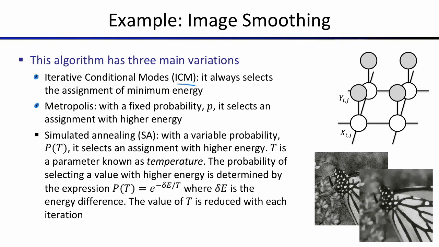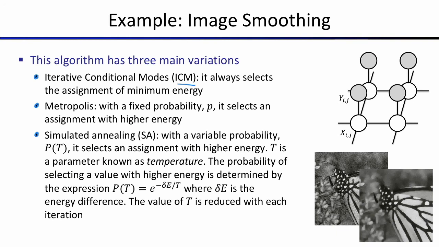And there is another one that is extremely popular that's called simulated annealing, or SA. The idea here is that in the beginning, I will be more prone to accept to go up in the energy landscape, but as we converge and the algorithm iterates, I will accept going to a higher energy point with a smaller and smaller probability.